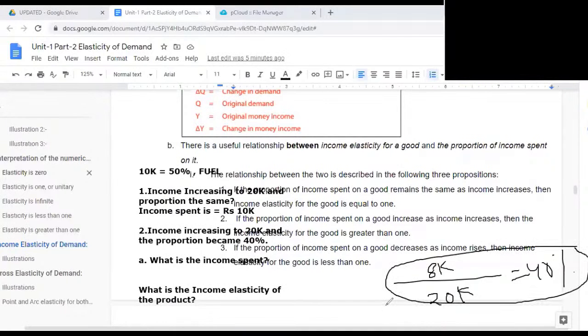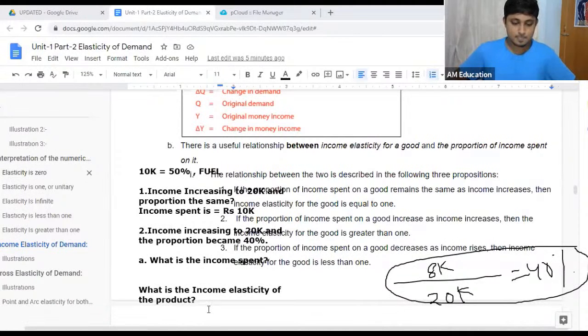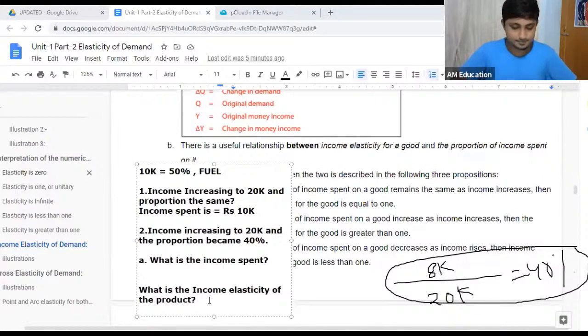Now, can you tell me what is the elasticity of it? What is the income elasticity of this product? Less than 1.